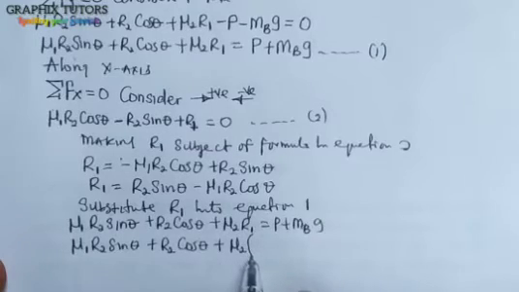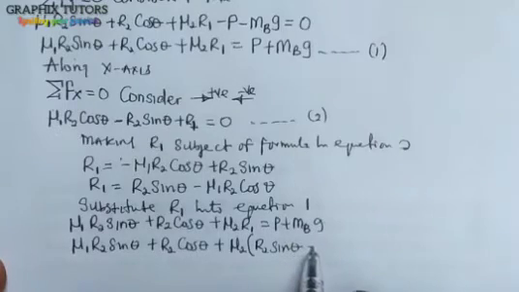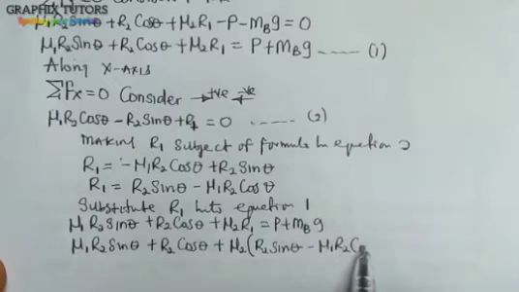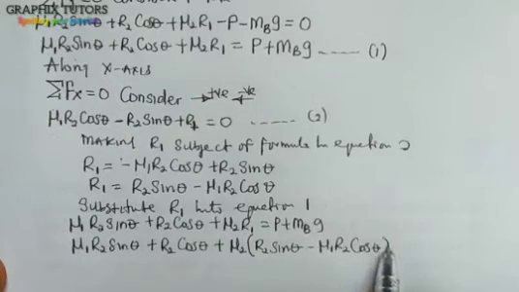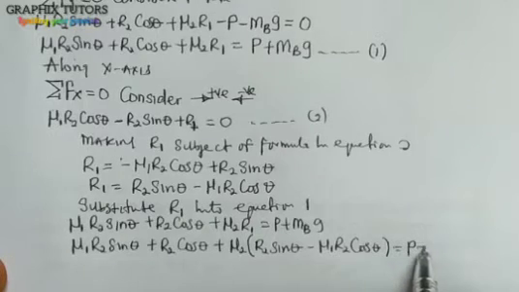So in brackets, we have R2 sin theta minus mu1 R2 cos theta, right? Equals to the force P plus the mass of the wedge B times gravity. So that is what we have here, right?